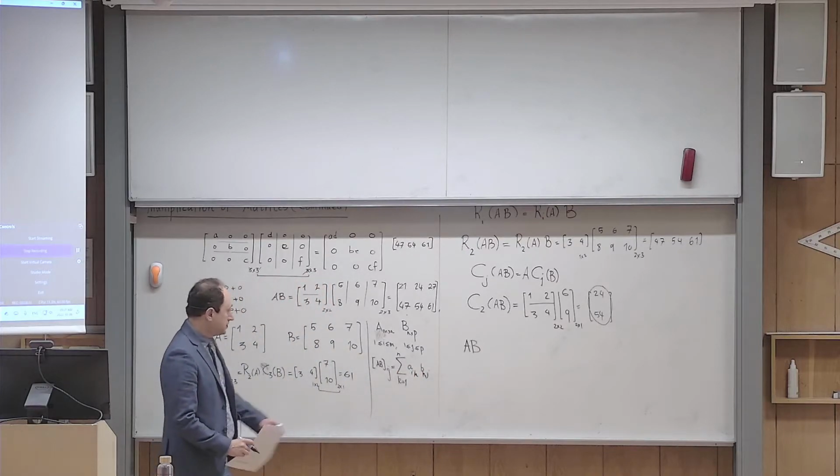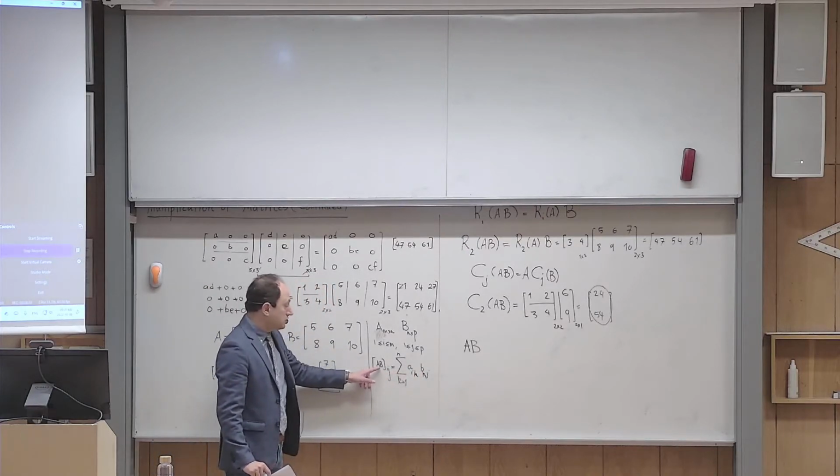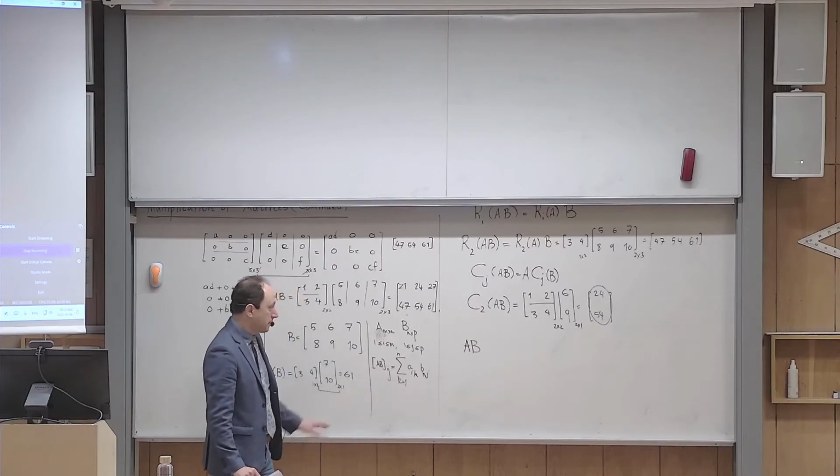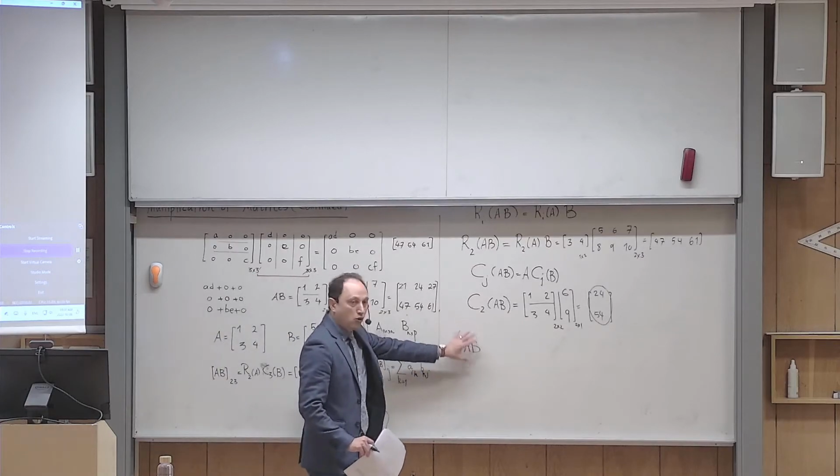But be careful, this is a sigma, but it does not generate the whole matrix. It generates only one single entry, which is the ijth entry. But here, this is the whole matrix.